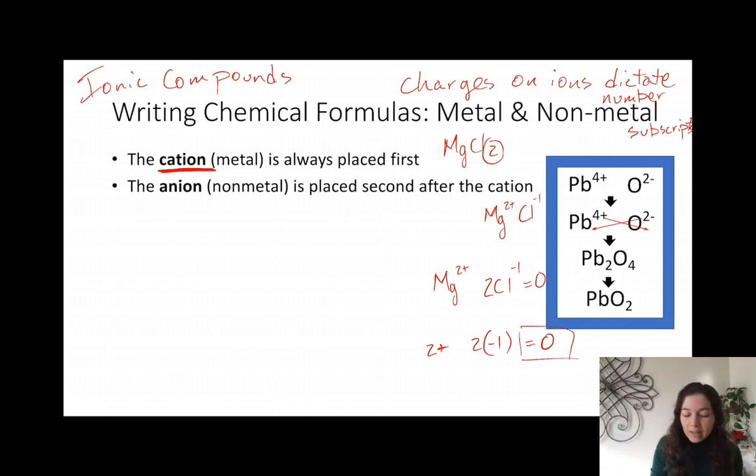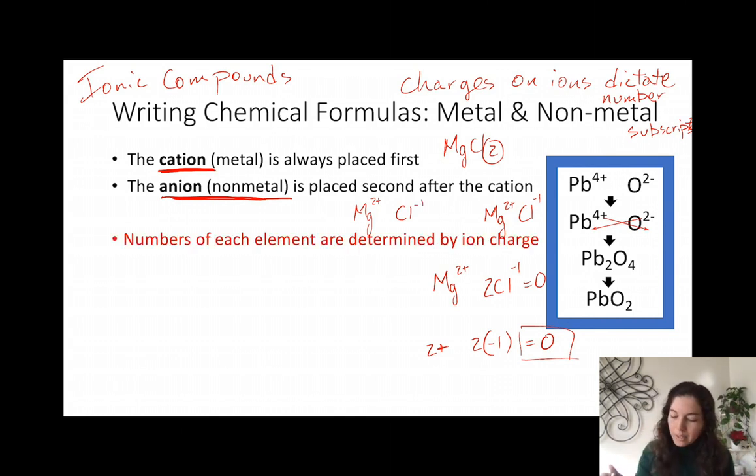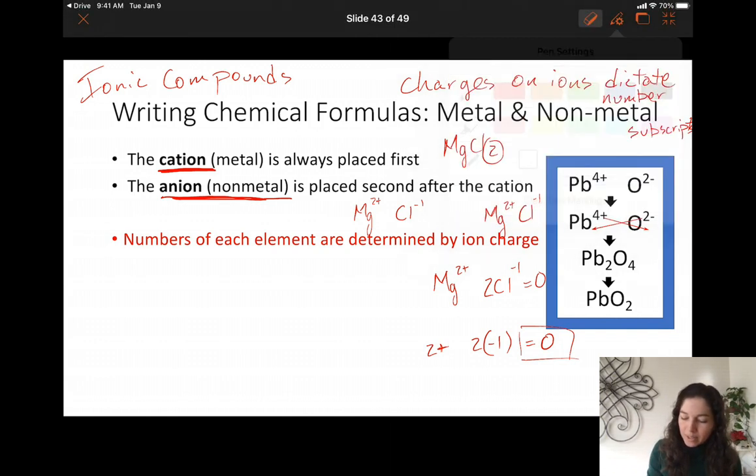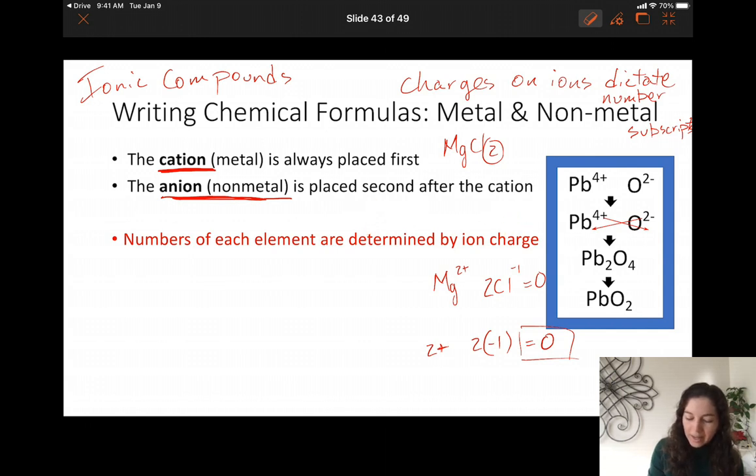And then the anion, which is the nonmetal with the negative charge, comes second. So we can see that in our magnesium chloride. Magnesium has a 2+ charge, so it goes first. Chlorine has a 1- charge, so it goes second. Right, and then these numbers on these elements are determined by ion charge. We've learned that.